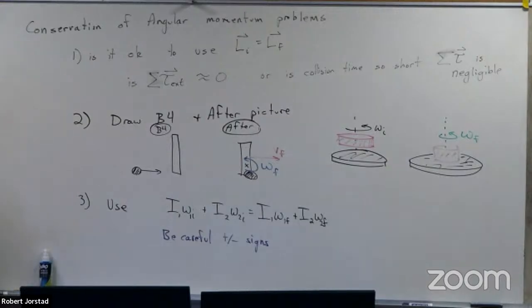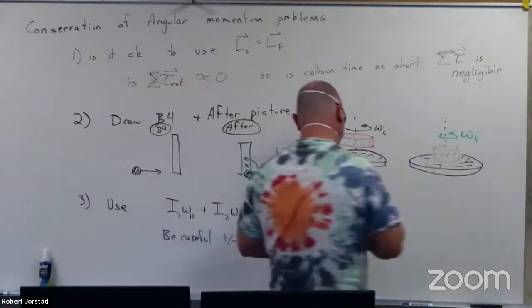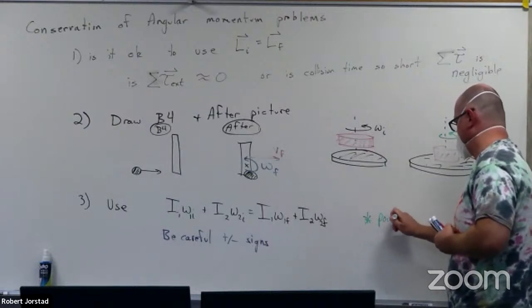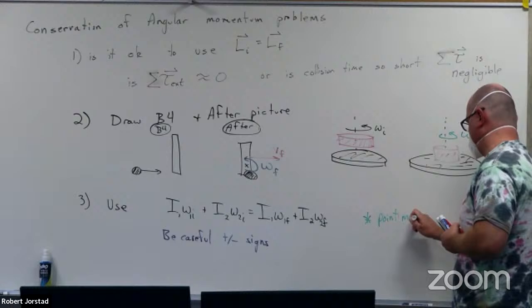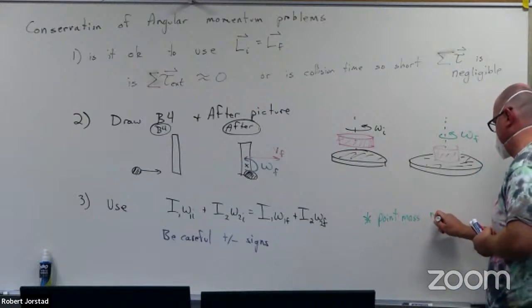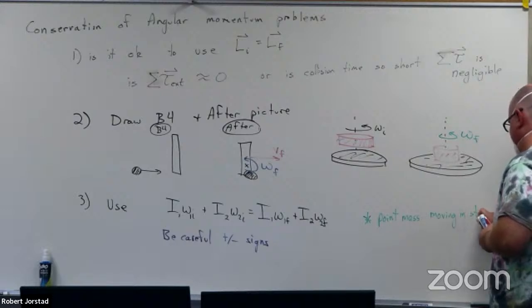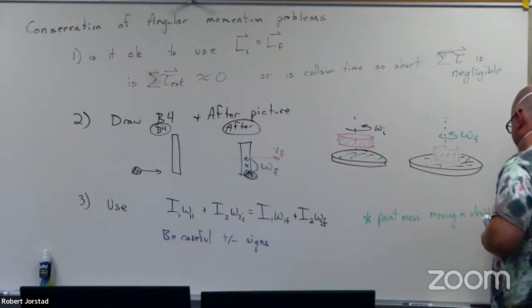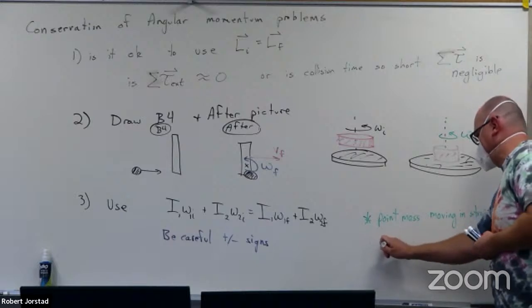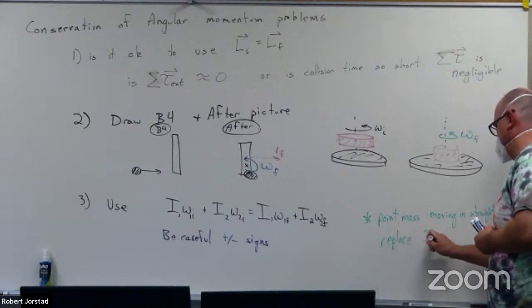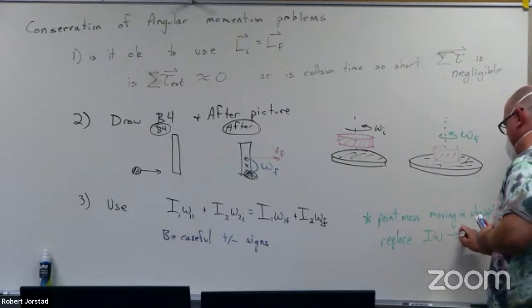And in the case of a point mass, if you have a point mass moving in a straight line, replace I omega with M V R perpendicular.